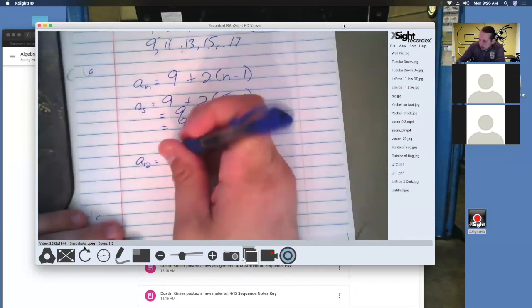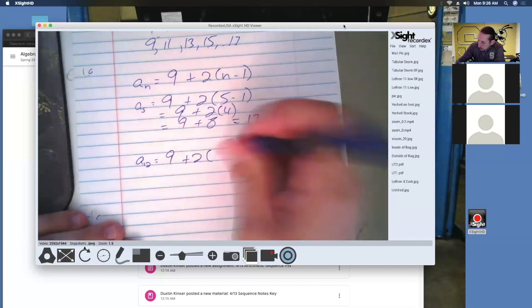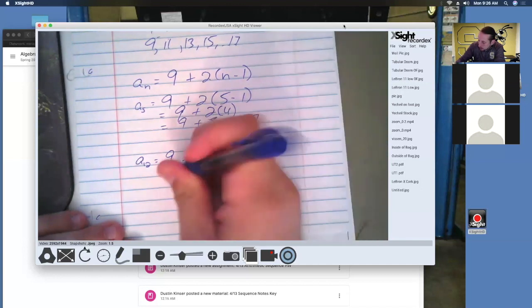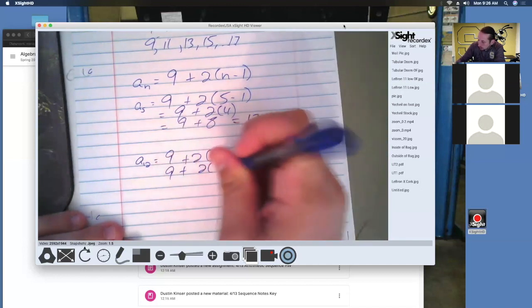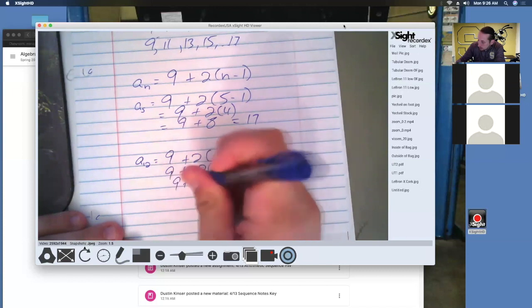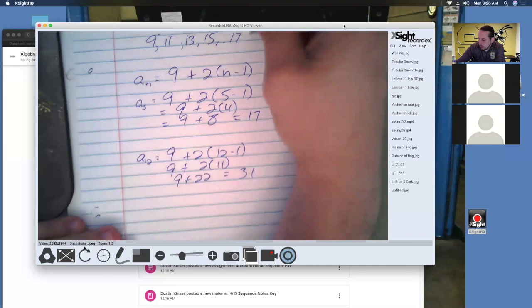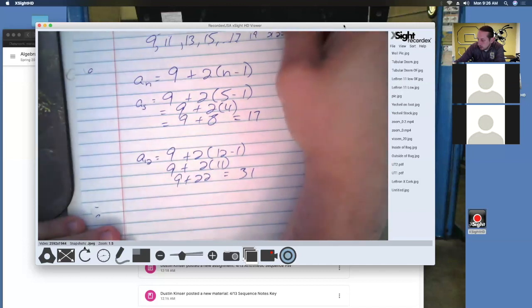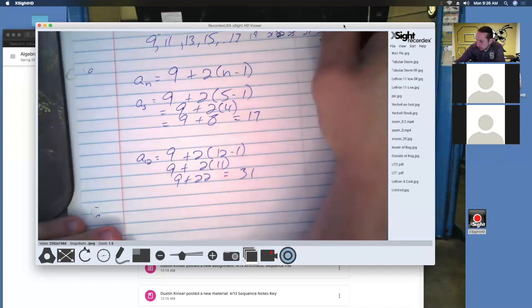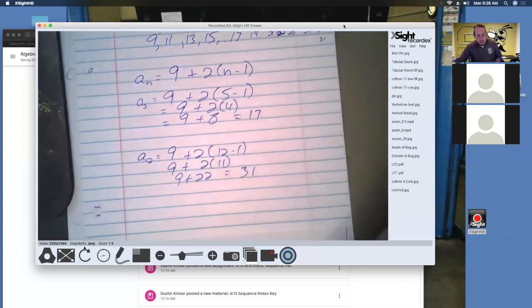Whereas if I just go through here and take 12 minus 1, I can do 9 plus 2 times 11. 9 plus 22, I know that it's going to be 31. Oh, see, I made a mistake already. 23, 25, 27, 29, and 31. So that's all we're really doing.